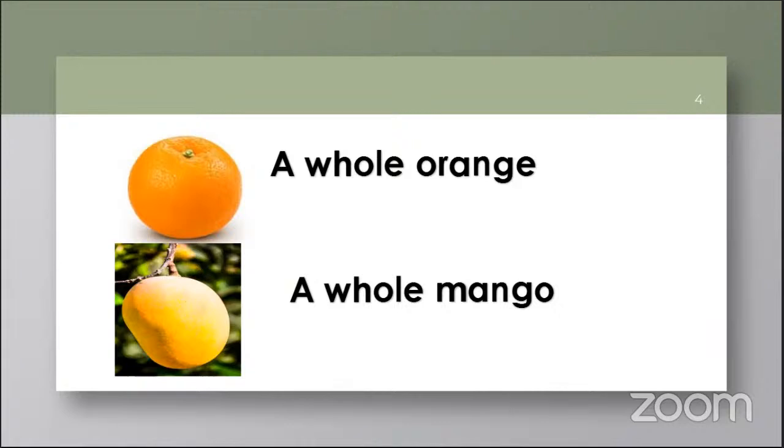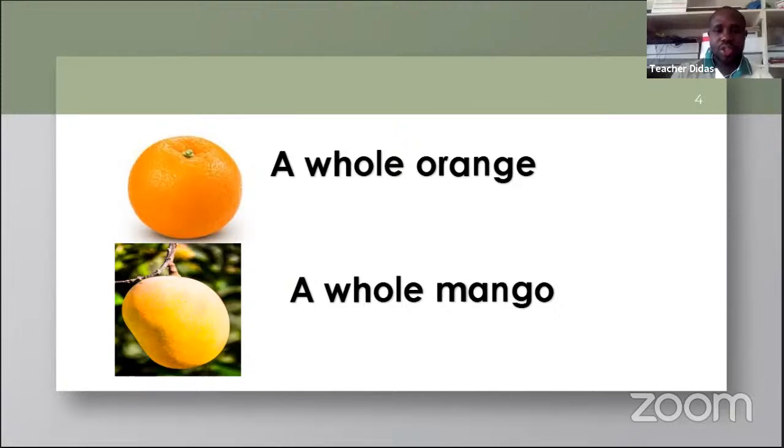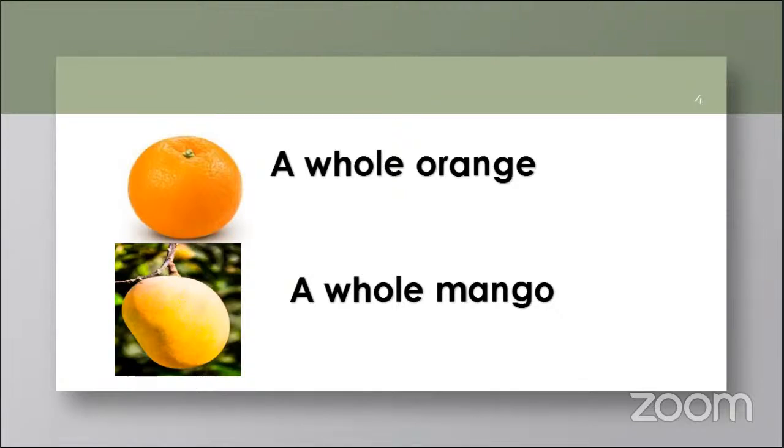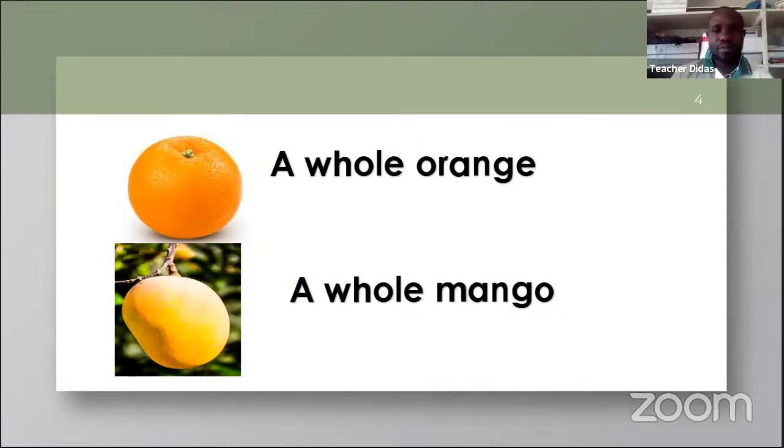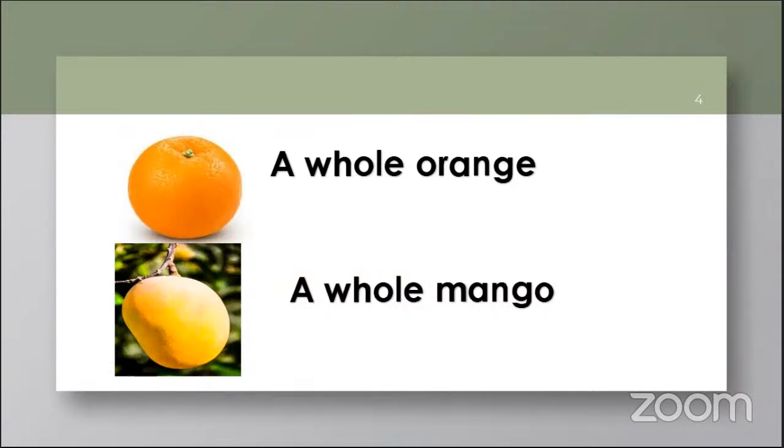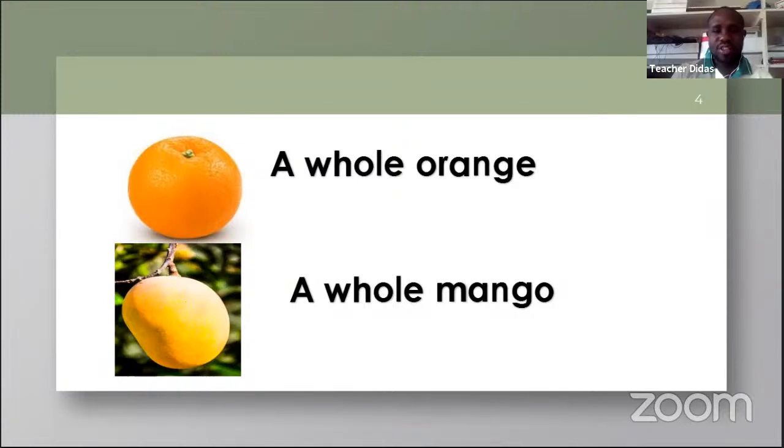Do you have the tomato? Nathan has a tomato. Good. John, what do you have? An orange. Good. You see, I knew my class is not going to disappoint me.